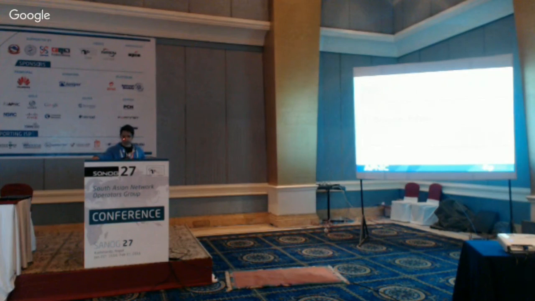So this is an example. I know it's very small from the back, but I will share those slides on the SANOG website. Those are all BGP configurations. So you set up the BGP session with Team Cymru, and they always need a password, an MD5 authentication, with the neighbor session.